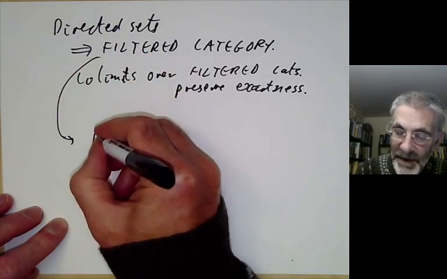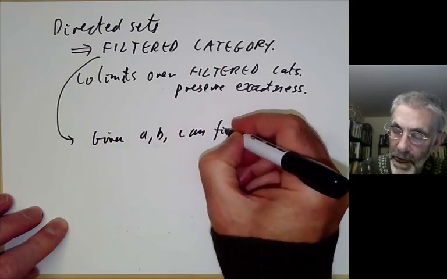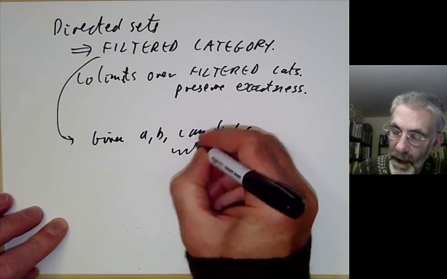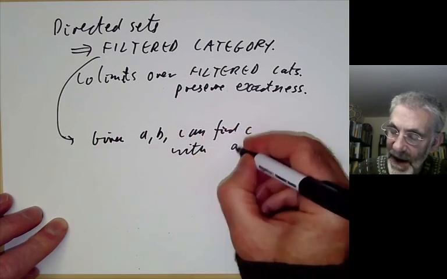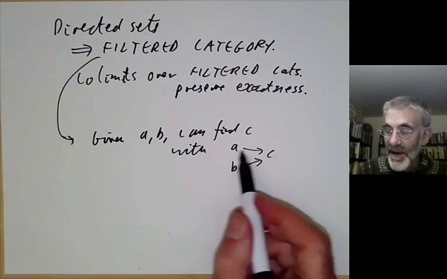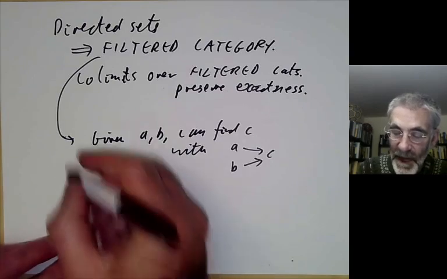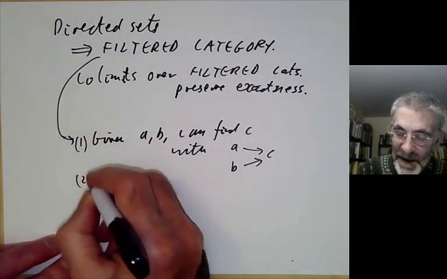First of all, given A, B, we can find C such that there's a map from A to C and a map from B to C. So this is almost exactly the same as the condition we had for directed sets. However, we need a second condition.